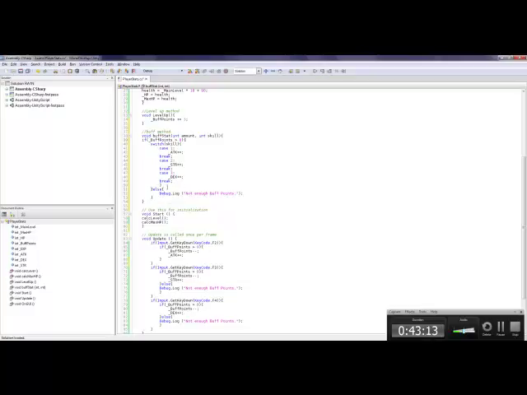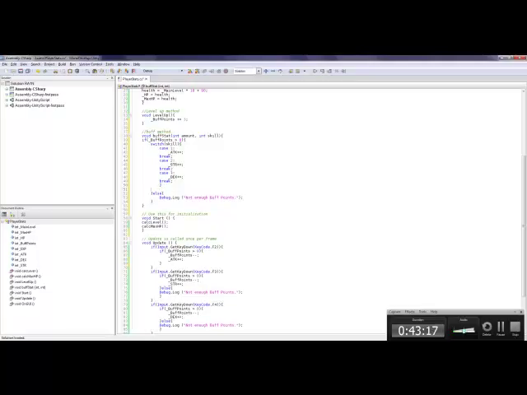And then at the end of our switch, we're just going to write buff points minus minus. So it's going to take away the buff point. And if you notice, we never actually used our amount. So to integrate that, all we got to do is plus equals amount. And that will make that work.